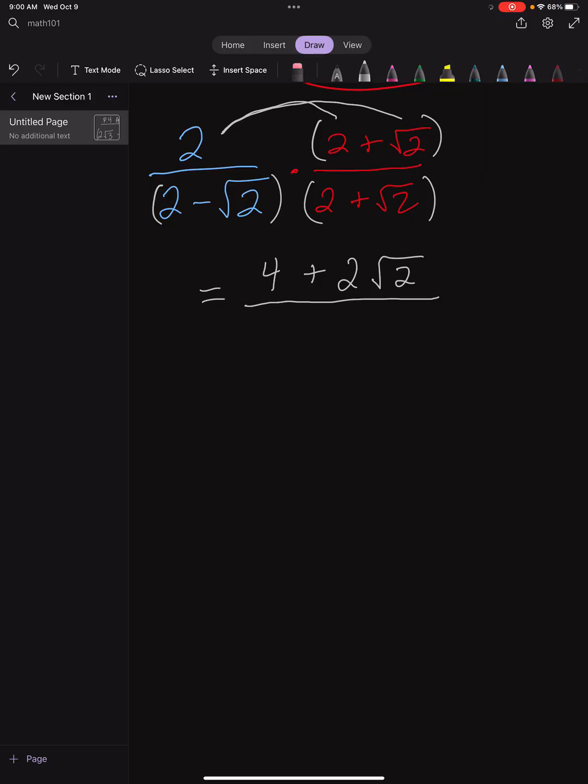So I'm going to get the first times the first, which is 4, and the last times the last. And normally we would have outer and inner terms, but I know because of my special products, they're going to cancel. I get minus, and root 2 times root 2 is just 2. So my denominator is 2.